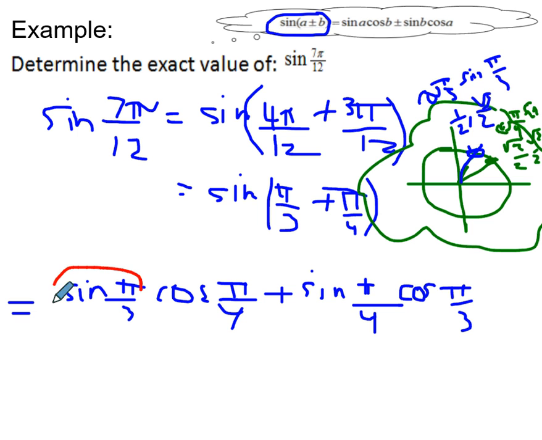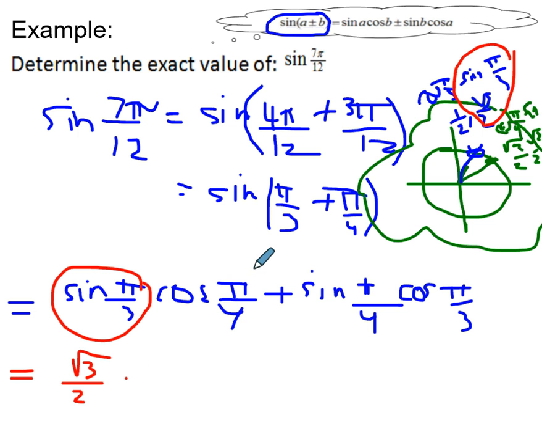So here, sine of pi over 3 is this value. So it's square root of 3 over 2, times cosine of pi over 4.